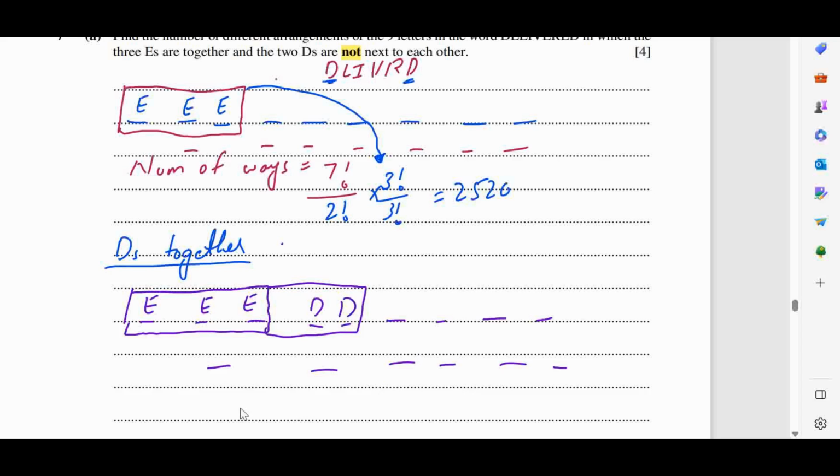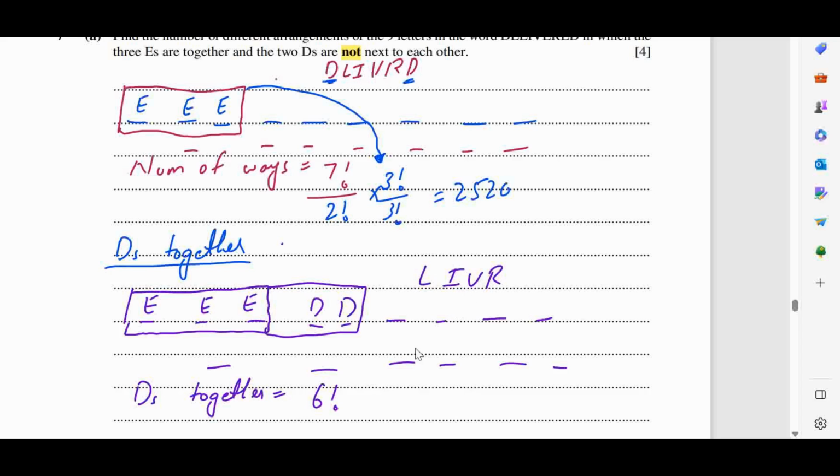So when D's are together, let's find out the arrangement. So we will have 6 factorial divided by the repeated letters. Now for these 4 places, we will have L, I, V, R. So we will have 4 letters, nothing is repeated.